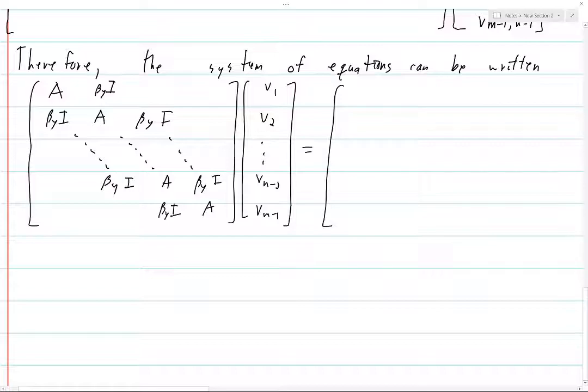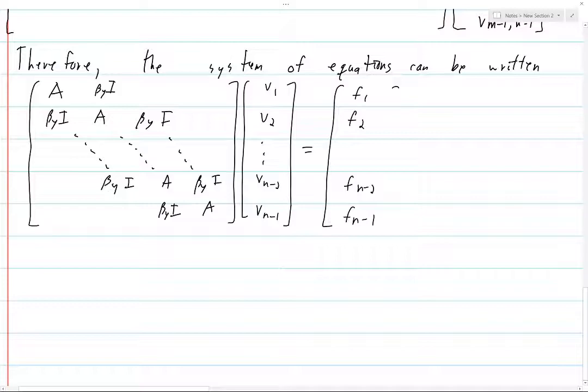So the length of this entire vector is m minus 1 times n minus 1. And finally, on the other side of the equal sign, we have f1, f2 through fn minus 2 and fn minus 1. Yeah, this should be an n here, n minus 1. And again, these f's are also column vectors.